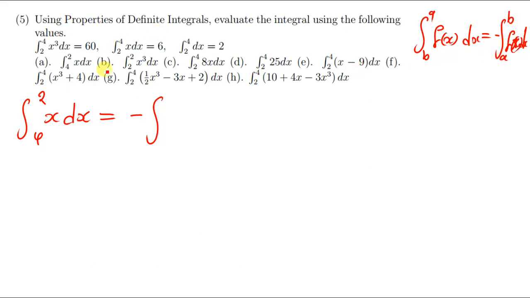So if they have changed the limits of this expression, it means that the answer we're going to get should just be the negative of this. So this is the integral from 4 to 2 of x dx, and we just interchange the limits, which is the same as writing negative 6.